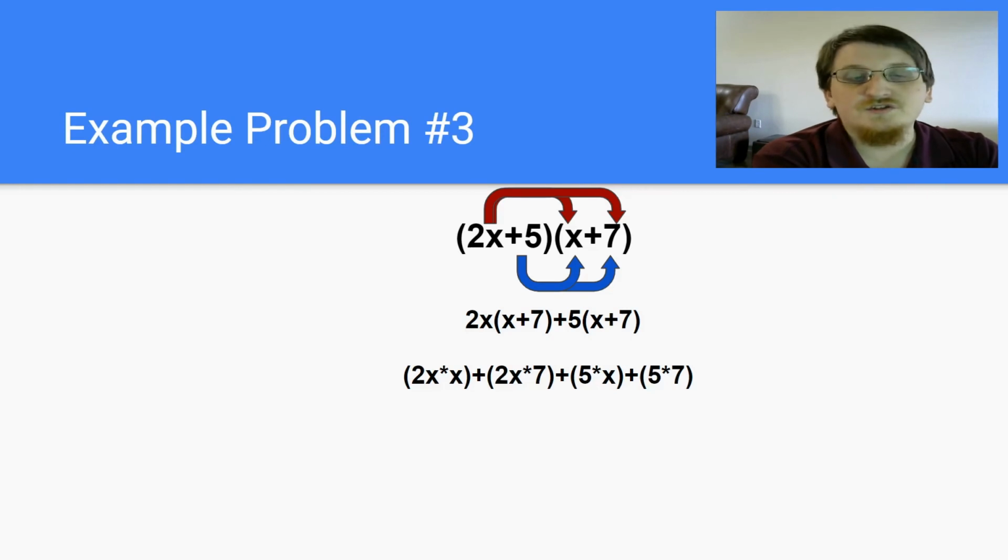Then, distributing 5 times x plus 7, we would do 5 times x and 5 times 7. Then we calculate our results. I'll give you a second to solve.